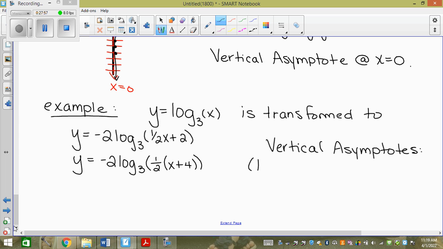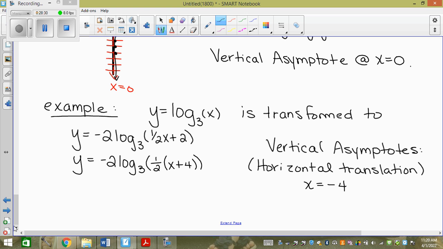They're based off your horizontal translation. Because your vertical asymptote is normally at x equals 0. Correct? This graph has been moved 4 to the what? Left. So I actually have a vertical asymptote, horizontal translation at x equals negative 4. And my graph, my log graph, is always to the right. Correct? Unless there's a reflection in the what?